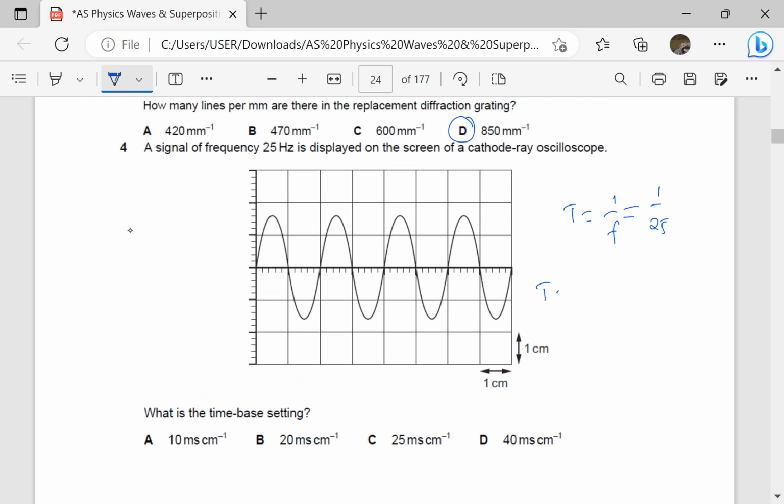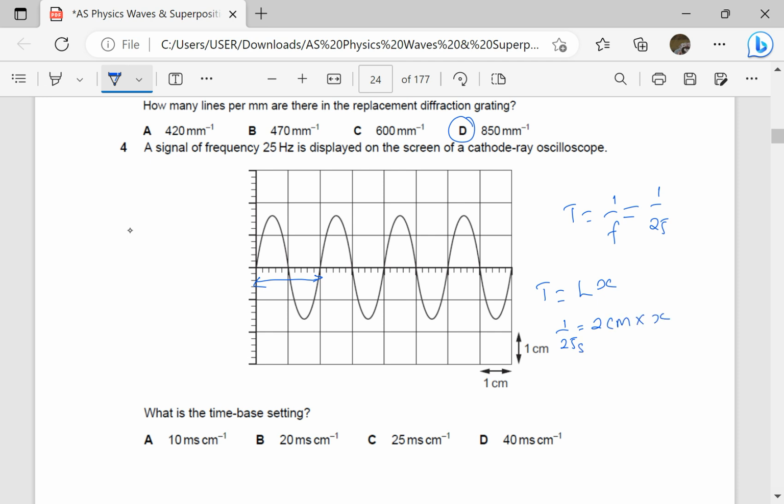We know that the period is given by the length representing one cycle times the time-base setting. I think this is one cycle. Those are 2 centimeters. So the period, which is 1 over 25, is represented by 2 centimeters because there are 2 boxes, times the time-base setting.